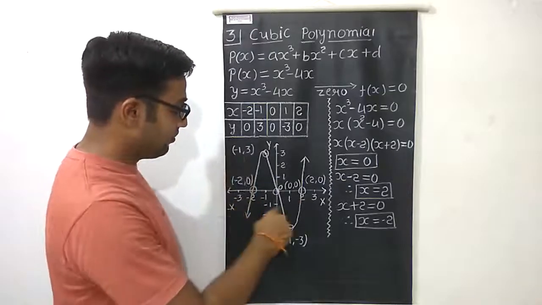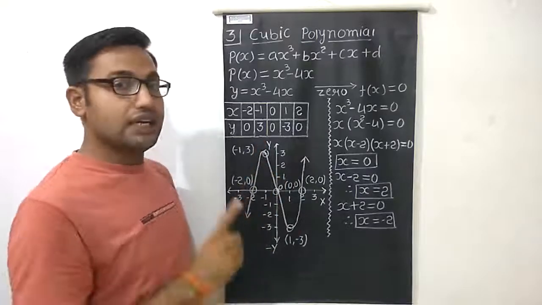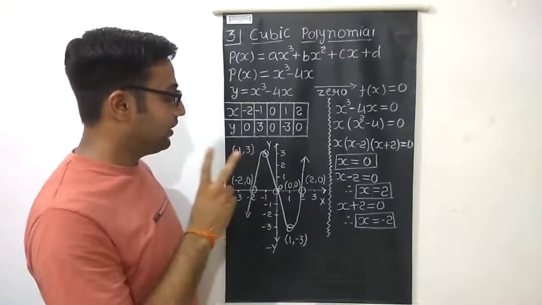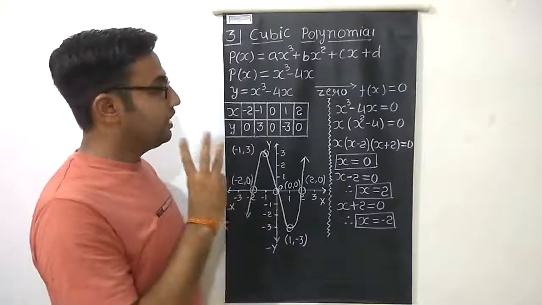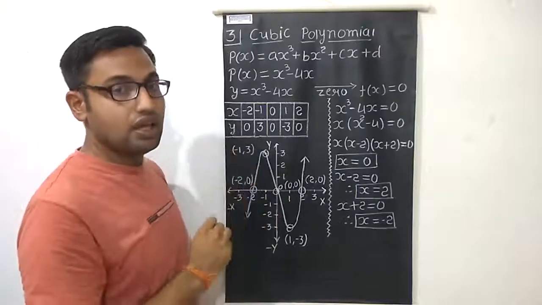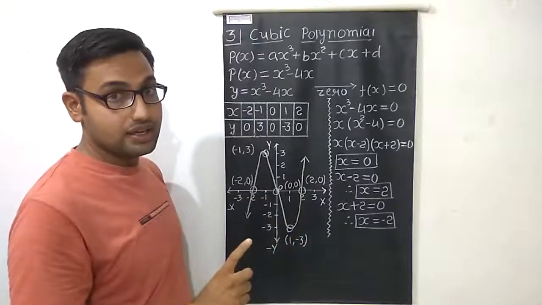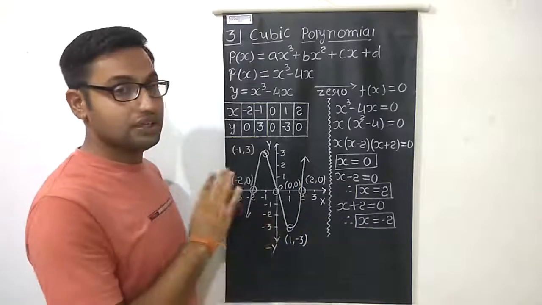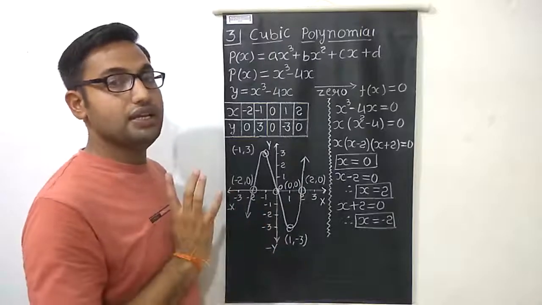If the graph touches the x-axis at 1 point, it has only 1 zero. If it touches at 2 points, it has 2 zeros. At 3 points, 3 zeros. At 4 points, 4 zeros. And if the graph does not touch the x-axis, then it has no zero.